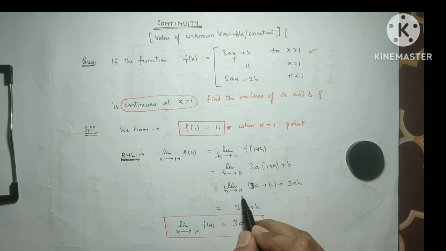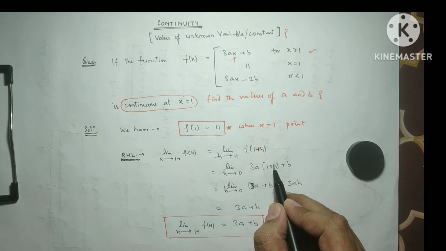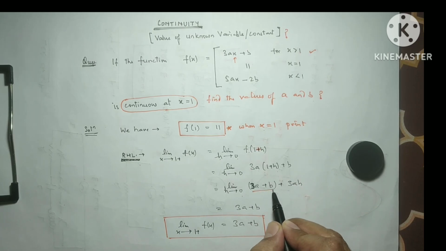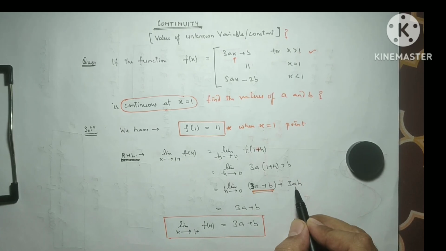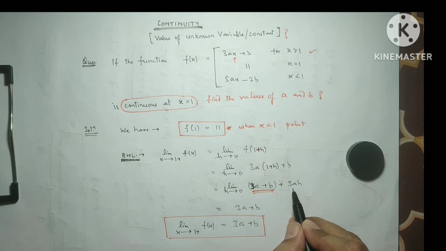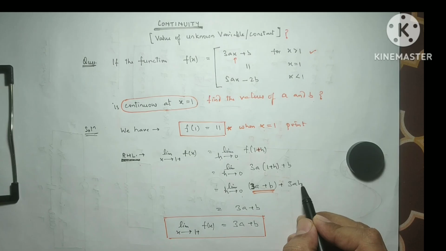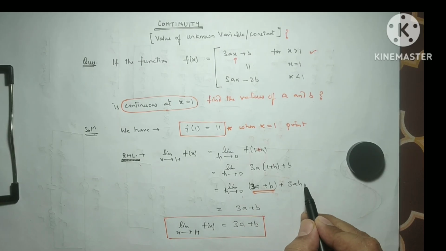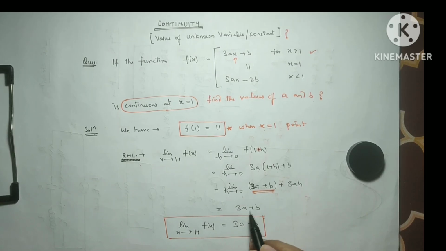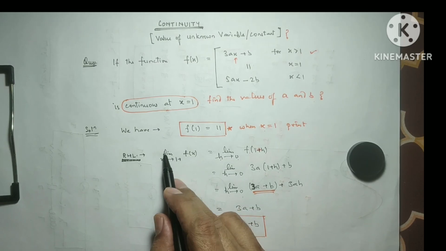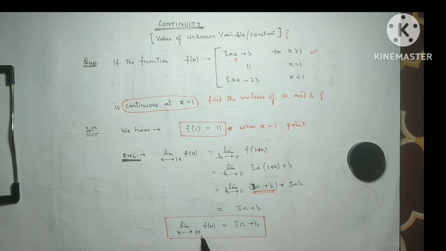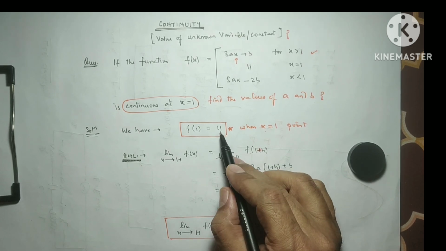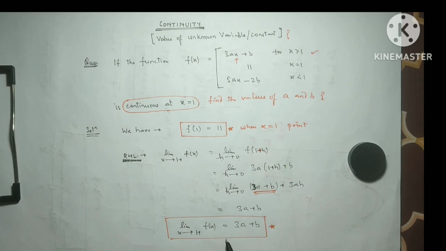Now limit h tends to 0, and this is 3a plus 3h plus b. So this part is 3a plus b, and this is the multiple of h. When we put h as 0, this term will be 0, and we will collect 3a plus b as the right hand limit. So the right hand limit of f(x) is 3a plus b. Now we have the value at the point and the right hand limit.